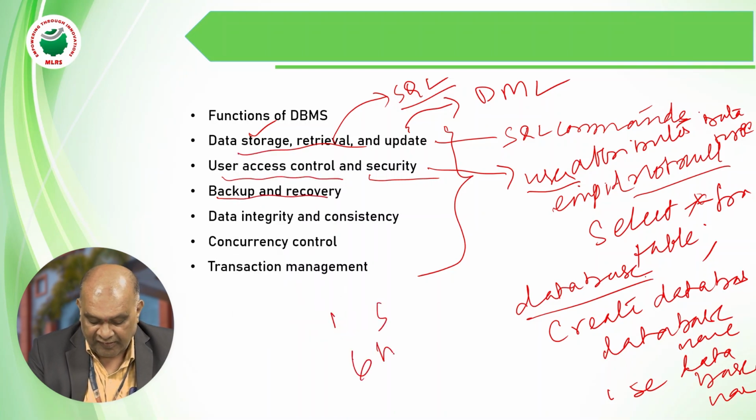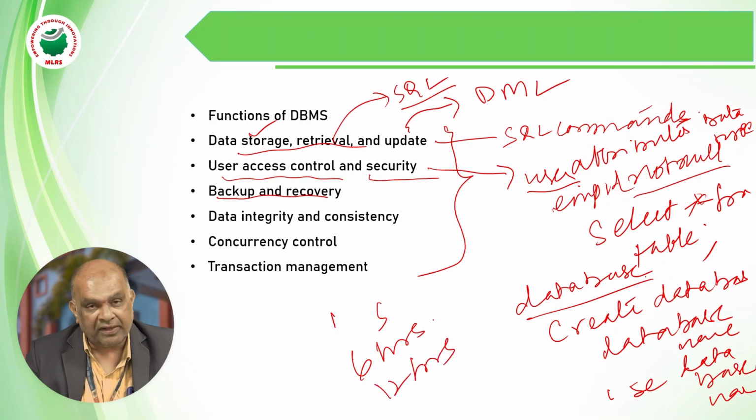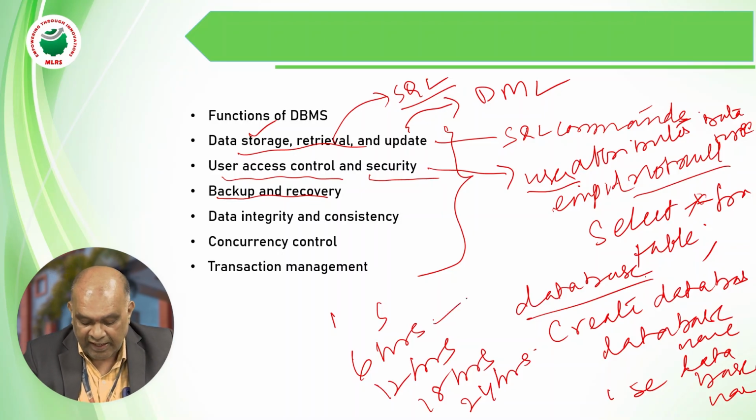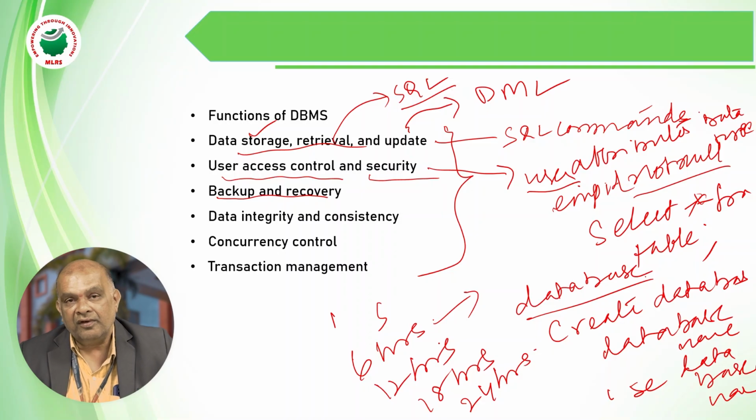A 6 hour transaction report can be taken, a 12 hour, 18 hour, 24 hour transaction report can be taken. So we can have a backup. Suppose I lost the data at 6 hours. Before that there is a backup. From that backup we can restore the data, right?